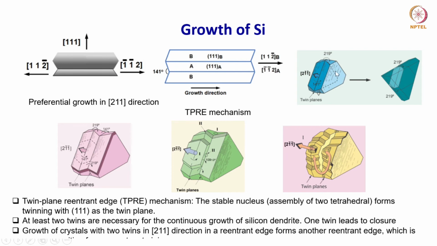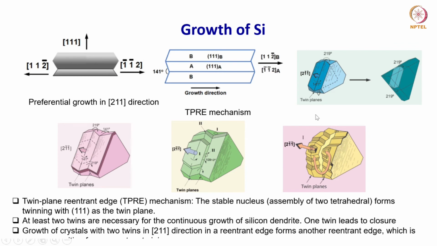That will form a ridge kind of thing, and you will have no more of these edges, and therefore this twin is going to close like this, taking a trigonal kind of geometry. So if you have a single twin, this growth will stop, and you will not have the continuous growth of the silicon in that particular direction.